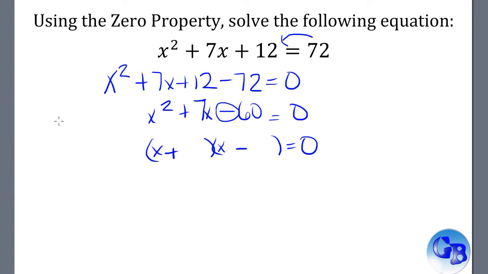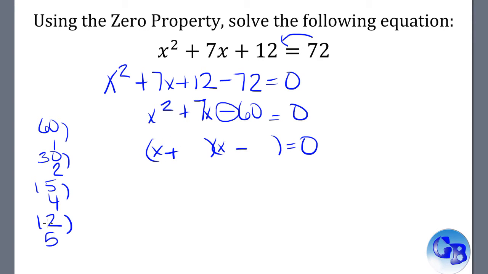So our factors of 60 can be 60 and 1, 30 and 2, 15 and 4. What else goes into 60? Well, we do know that 12 and 5 go into 60. So what two numbers of these factors when multiplied together equals 60 and when added together equals 7?